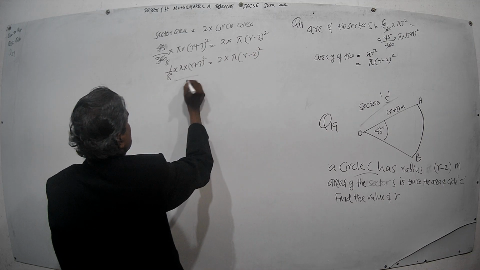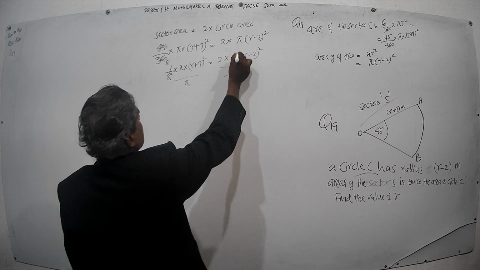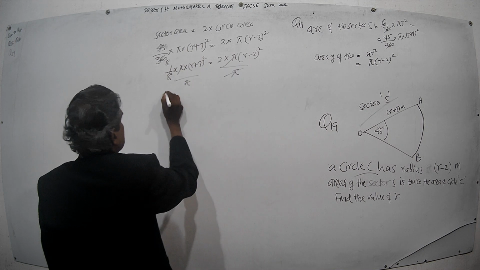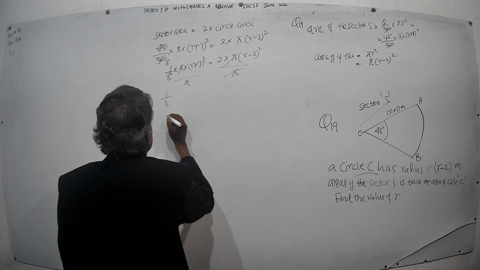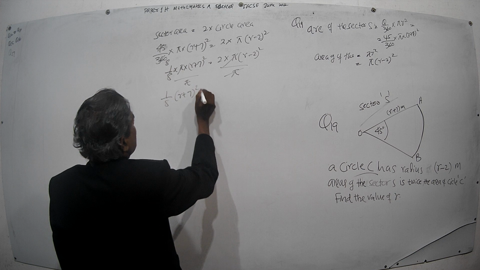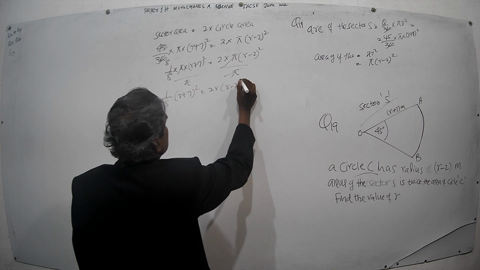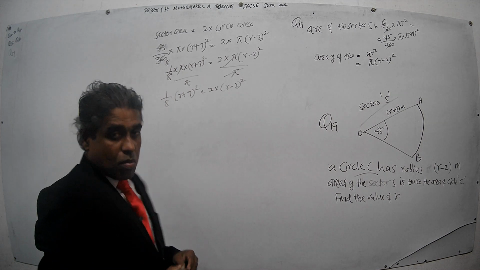Then you divide both sides by pi, and the pi cancels. Ultimately what is left is 1 over 8 (R plus 7) squared equals 2 into (R minus 2) squared.